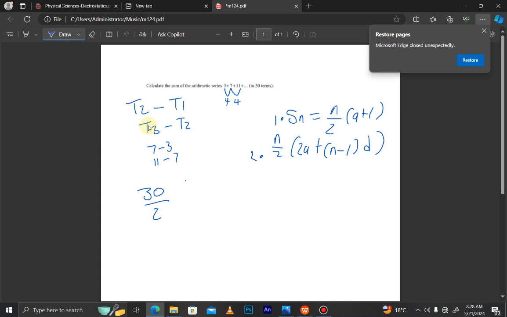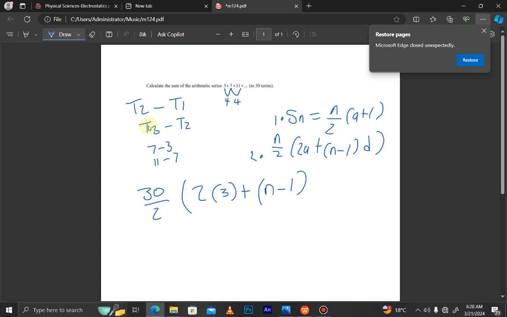Then I open bracket and I say 2 times our first term a, which is 3. We open bracket, we put 3 here. Then you say plus, then you open bracket again. Then you say n minus 1, bracket.